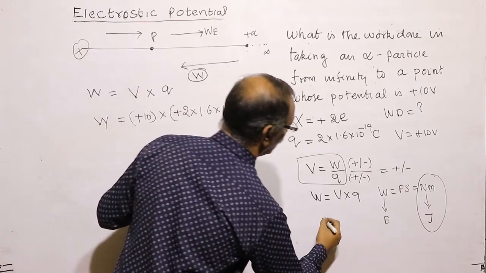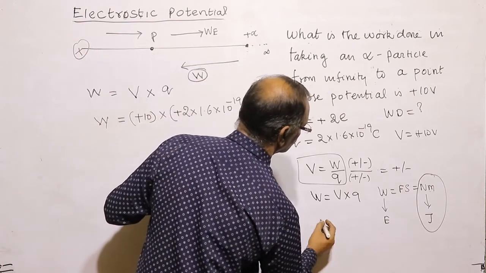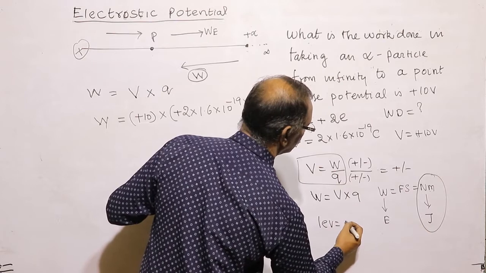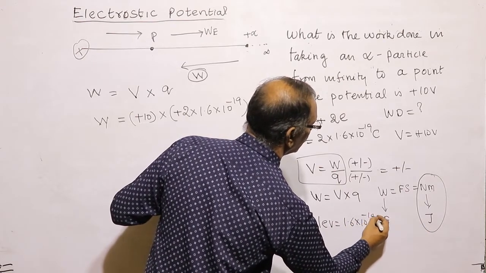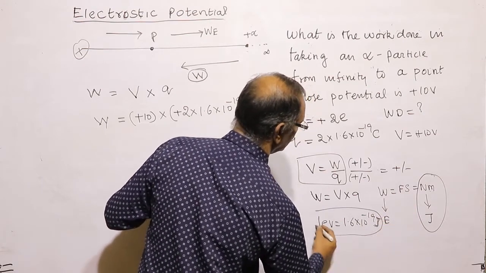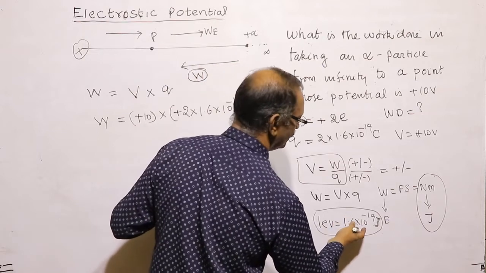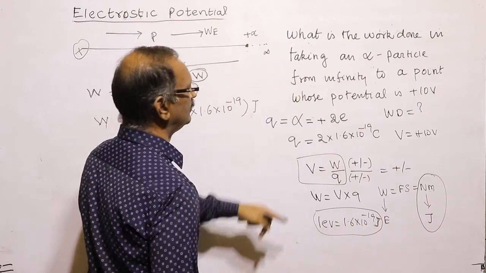And also, 1 electron volt is equal to 1.6 into 10 to the power minus 19 joule. So how to remember this? Simple. Put the magnitude of the value of the electron charge, that is 1.6 into 10 to the power minus 19.